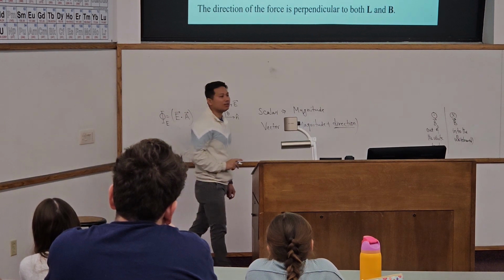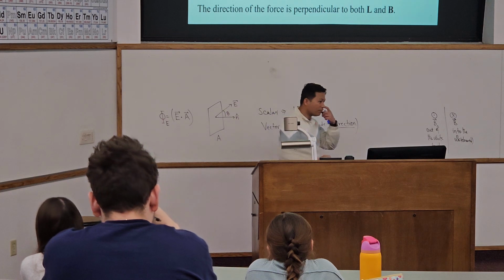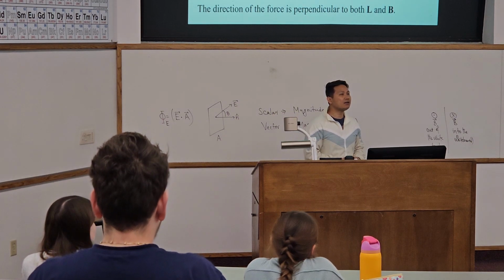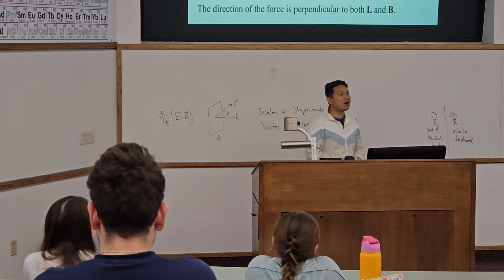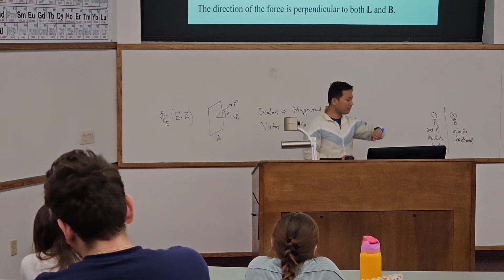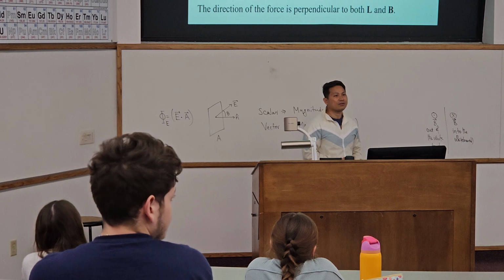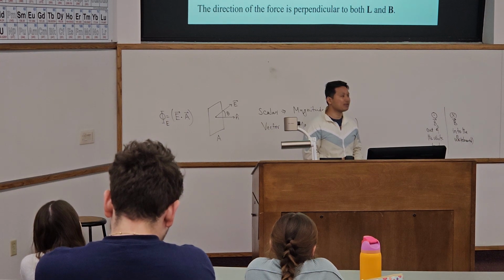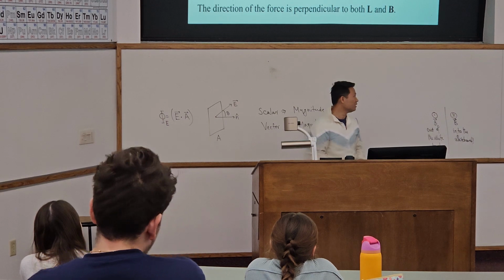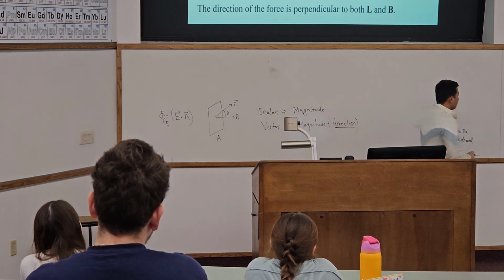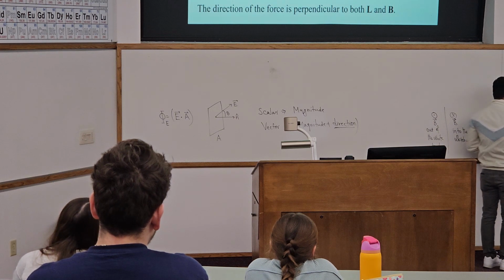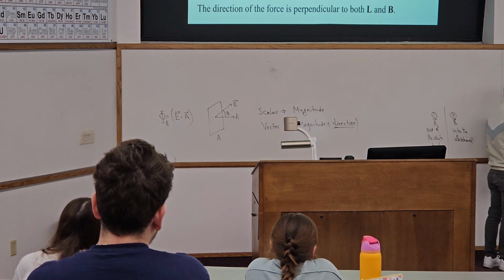Sometimes in mathematics we play a trick. How does an area become a vector? It's not a vector, but we make it a vector to simplify the math. That is the motivation. Same over here: the length of the wire L is not a vector, but I made it a vector.